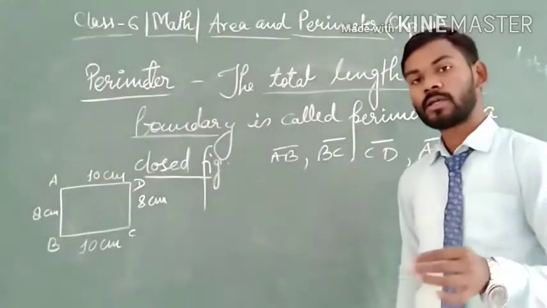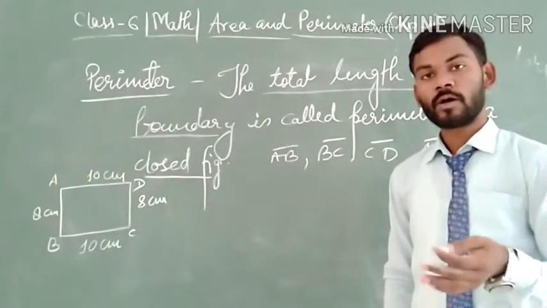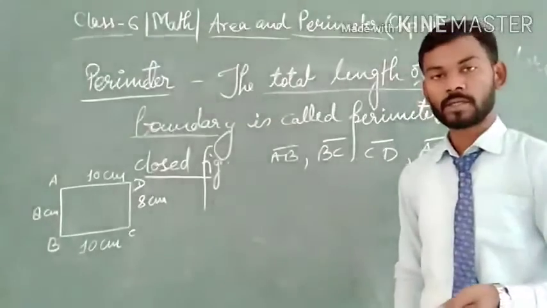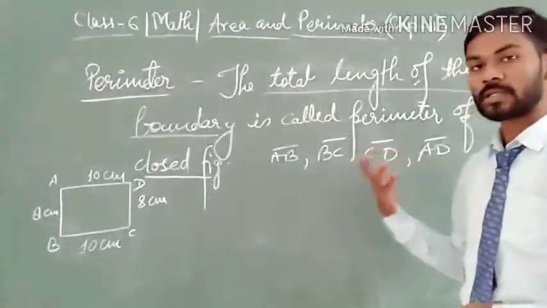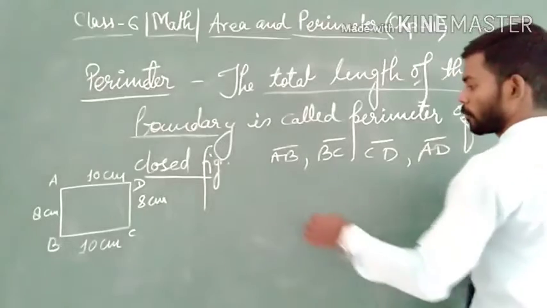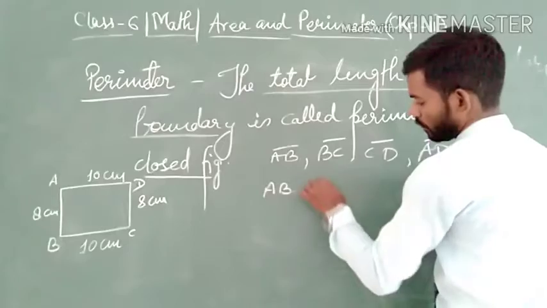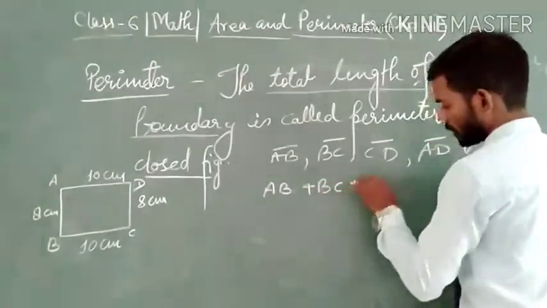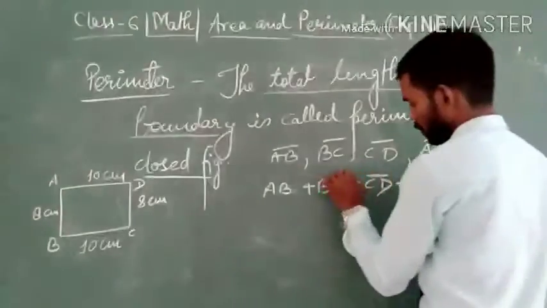That is why, in order to find the total length of the boundary of a rectangle, we have to add these four sides. Therefore, we can write AB plus BC plus CD plus AD.